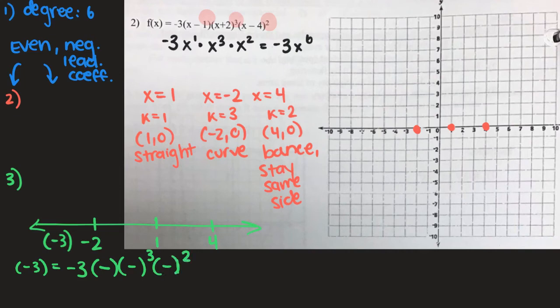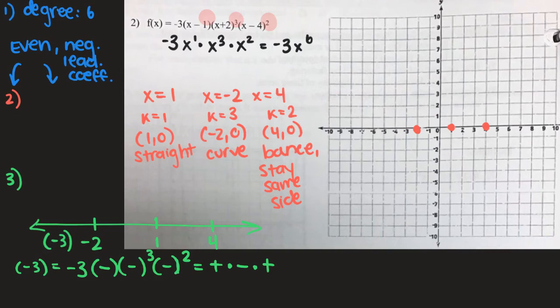So now all I care about is the actual sign, all right? So we have this. A negative 3 times a negative is positive. Then we have a negative cubed. Well, that's still negative. And then a negative squared is positive. So we have a positive times a negative times a positive.